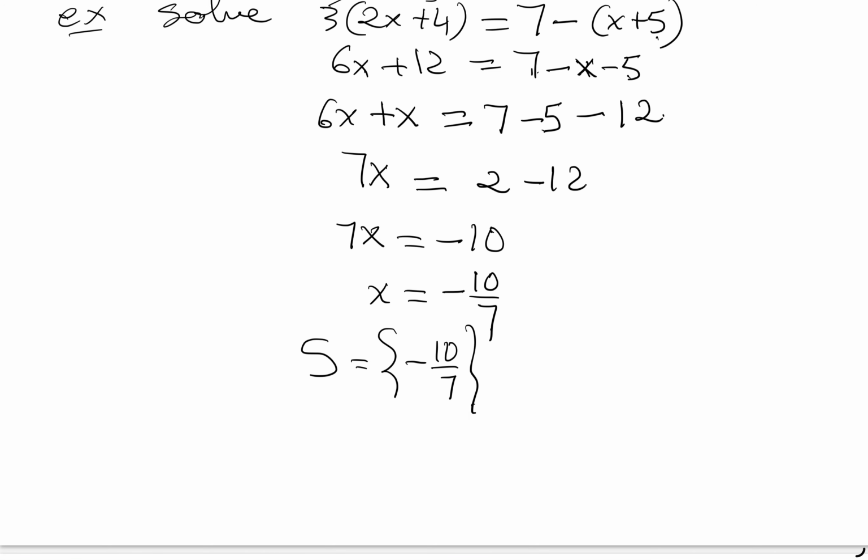I will tell you the case where the solution does not exist, and the case where the solution is always true, meaning infinite solutions. That's the way you have to write down the solution, in the form of a set.